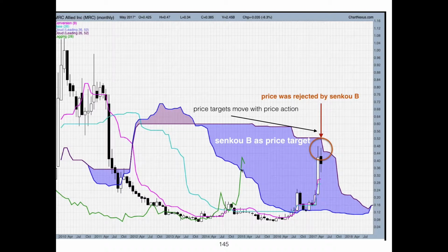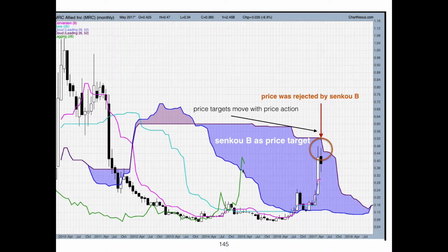So while the theoretical target for MCP was the highest level of the Senkou B, which was at 60, the price target adjusts with the movement of the price because the Senkou B is merely a reflection of price action. So at the 48 area, there was a price rejection.